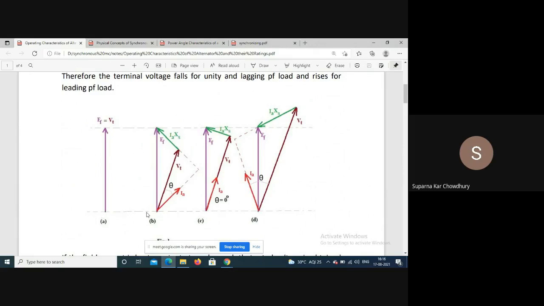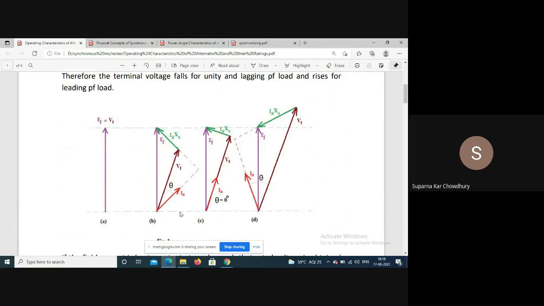Now FF is along this direction, leftwards. What is the nature of the armature reaction? Armature reaction is produced by this current, so FA is along this line. FA can be resolved into two components, one along the horizontal axis, one along the vertical axis.